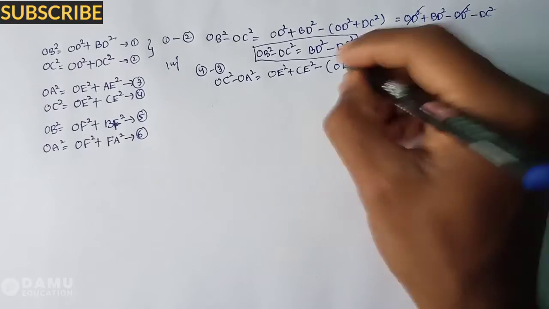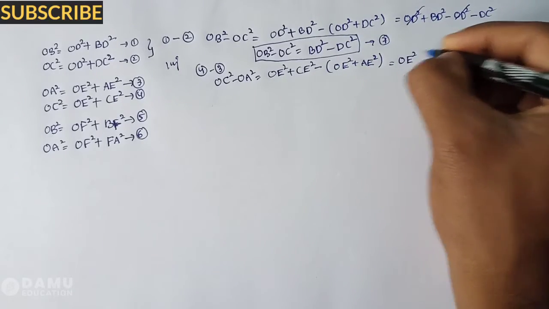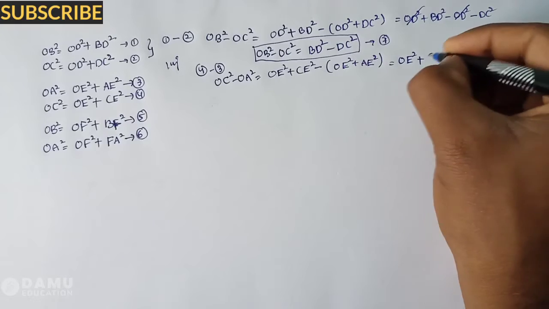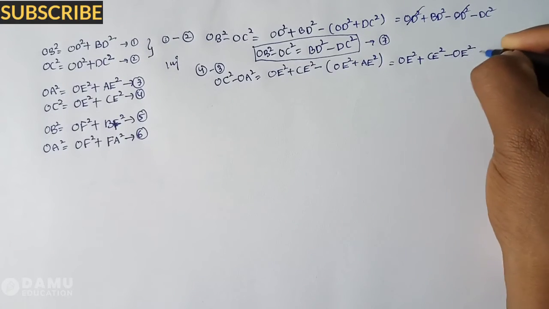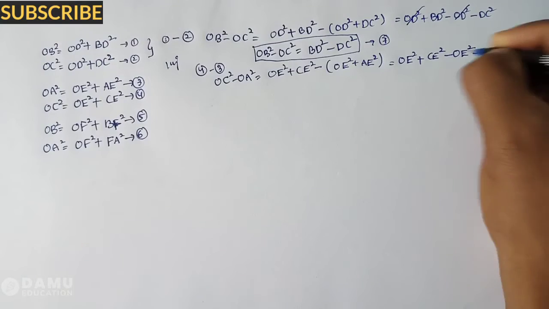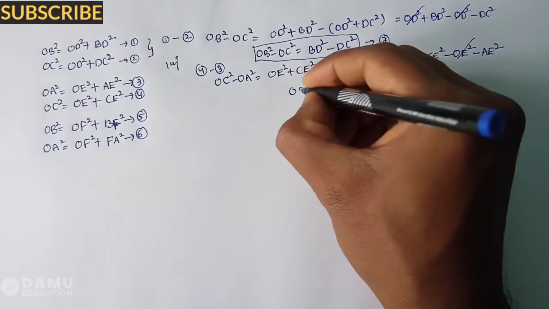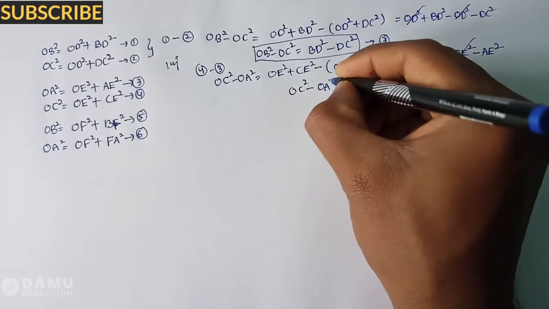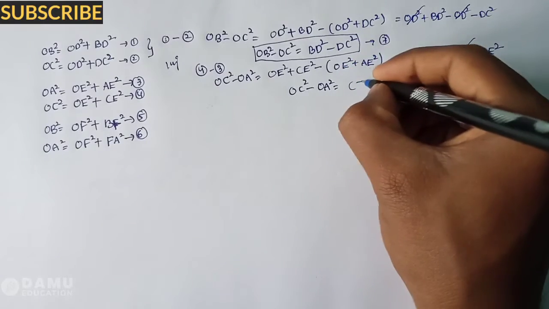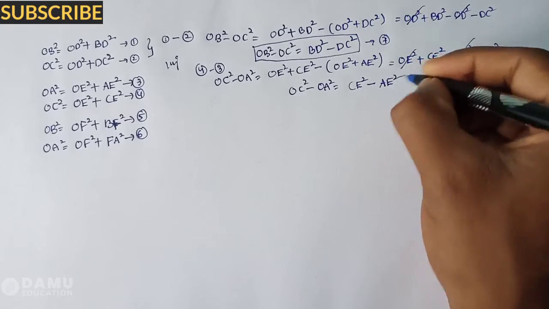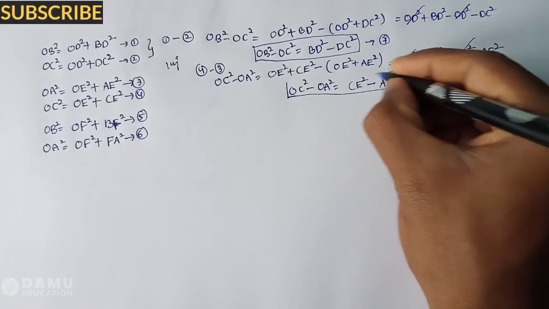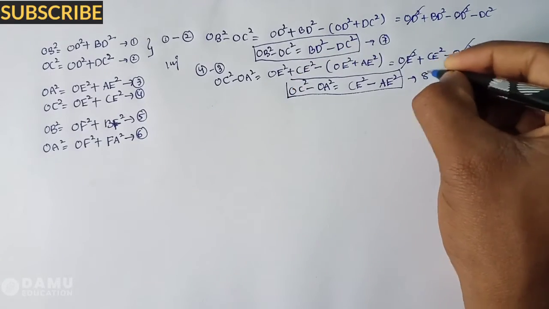Distributing the minus, we get minus OE square minus AE square. OE square and OE square cancel, so OC square minus OA square will be equal to CE square minus AE square. Let's take this as equation 8.